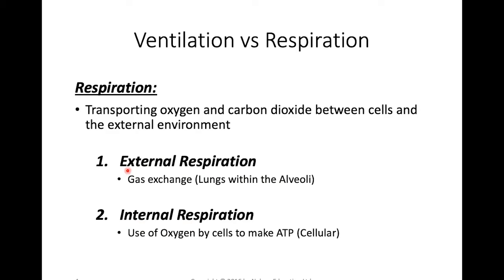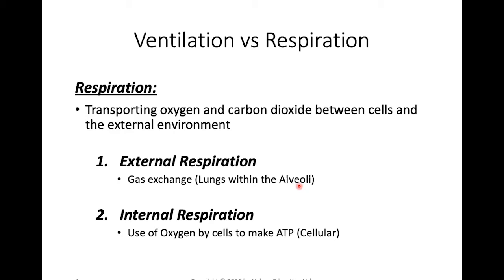Now, external respiration occurs between the most terminal portions of our bronchial tubes, known as the alveoli. We've talked about alveoli specifically because they are made up of simple squamous epithelial tissue, and so they are very thin to allow for gases to diffuse across those cells. So external respiration looks at the air that we've drawn in to those alveoli.